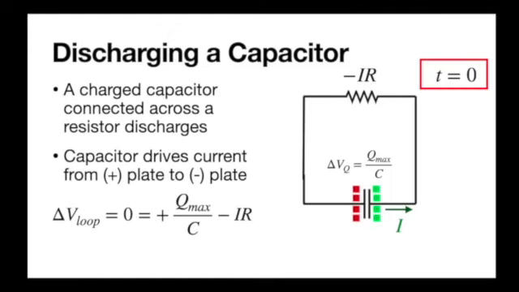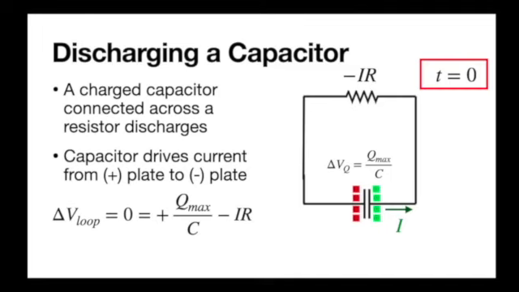Because now we don't have the battery, the pressure really, from the battery keeping those charges on there, and so they will flow freely away. Except now, instead of packing more charge on, they will leave in the opposite direction. It will discharge. So now, instead of going from neutral to polarized or charged up, the positive charges will flow back to the negative side and go back to neutral.